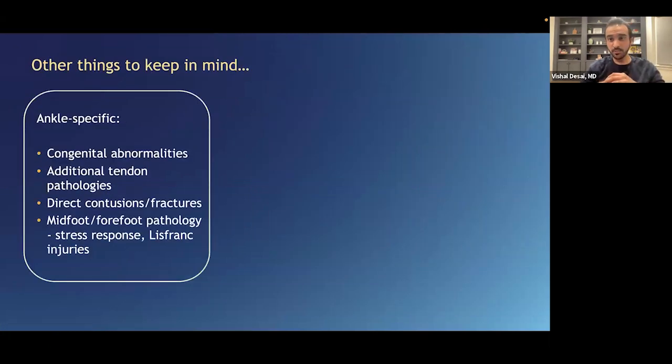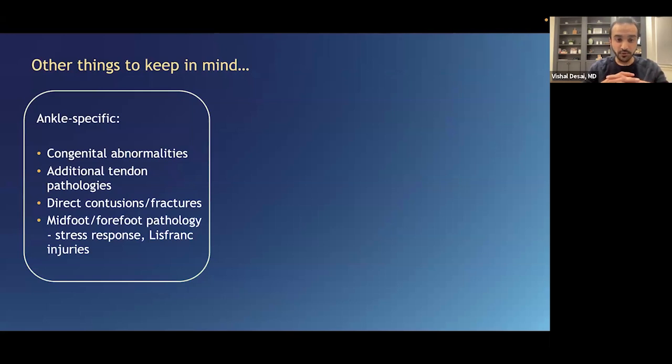Okay, so that was a brief but hopefully thorough review of ankle-specific pathology with a focus on acute injuries and painful conditions. There are additional ankle-specific things that I didn't talk about that you should keep in mind: congenital abnormalities, additional tendon pathologies. You can get direct contusions, crush injuries, impaction injuries to the foot and ankle.